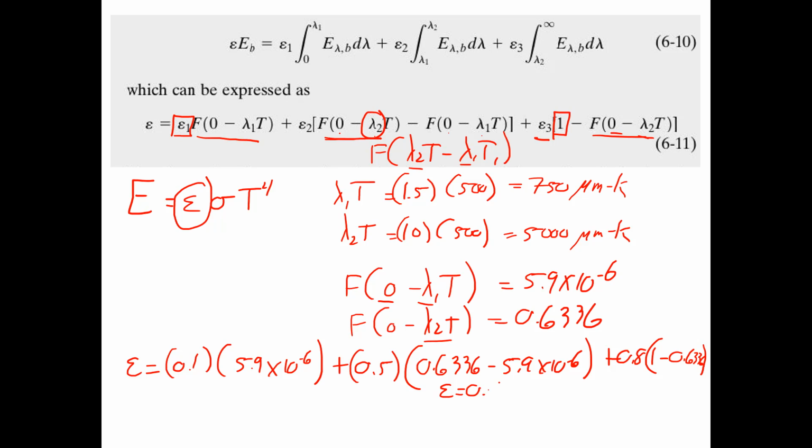So that ends up giving me an emissivity of 0.61. And then if I take that emissivity, multiply it by the Stefan-Boltzmann constant, which is 5.67 times 10 to the minus 8, and I multiply it by the temperature to the 4th power, I can find that my total emissive power is 2,161.4 watts per meter squared.